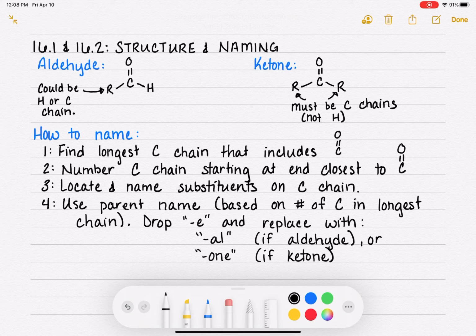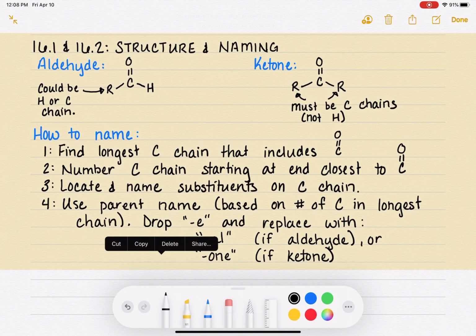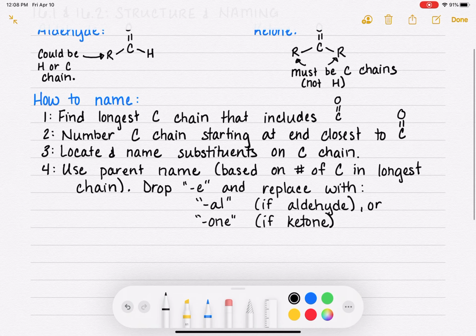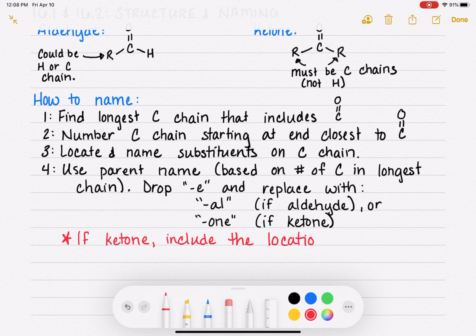Now, another thing that we have to include is the location of the functional group if we are naming a ketone. So we're going to make this in red right here. If we have a ketone, don't forget to include the number of the carbon, the location of the carbon-oxygen double bond along the parent chain.